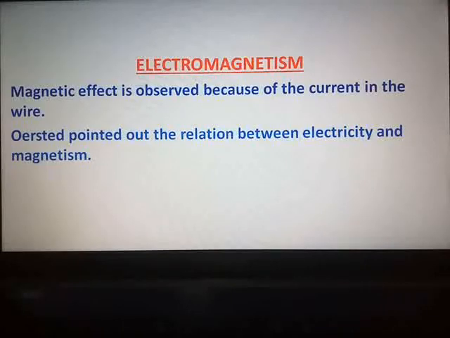What is this magnetic effect of electric current? That we are going to study in detail in our next session. Before you attend our next session, kindly go through the different topics and the different rules which we have to study. We have to study about the electric motor and electric generator. So kindly go through the topics.